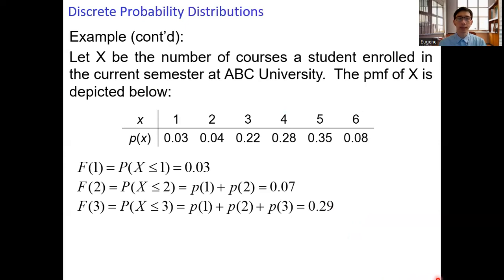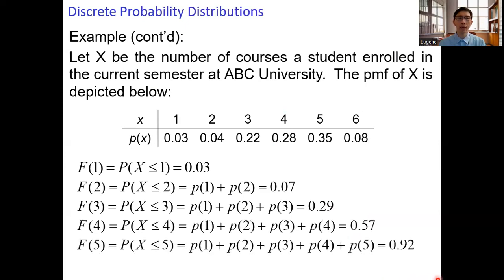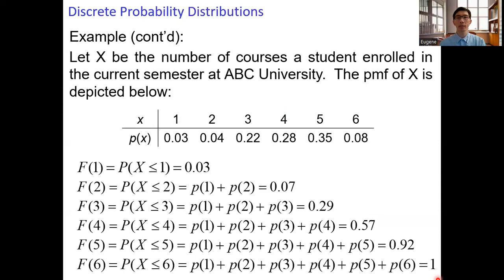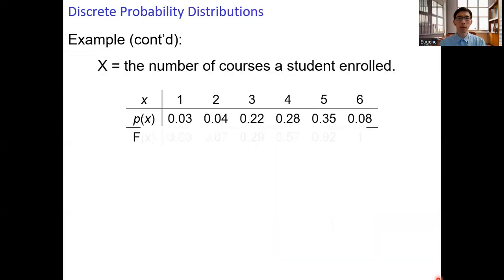Similarly, we can get the values of F of 4, F of 5, and F of 6. F of 4 equals 0.57, F of 5 equals 0.92, and F of 6 equals 1. So this is a table depicting the PMF of X as well as the CDF of X.